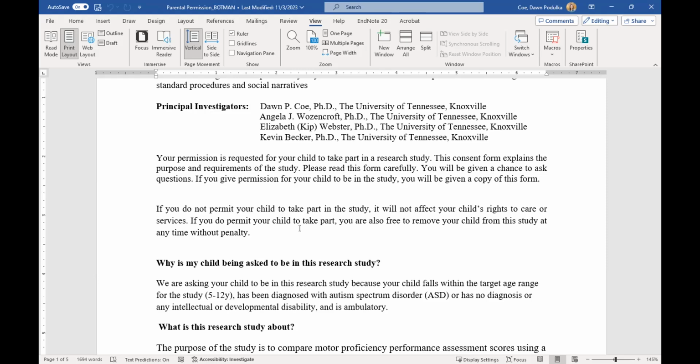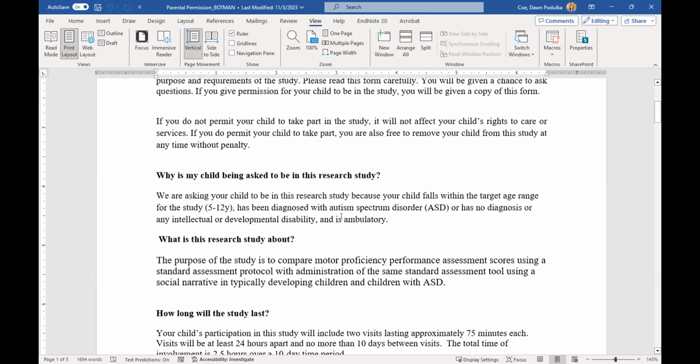This study that we're doing right now, we are currently recruiting in schools. We have one school district that has agreed to let us recruit there. And so we just let them know, if you do not want your child to participate, they're still going to receive all the normal care, all the services at school, that this really is an optional thing.